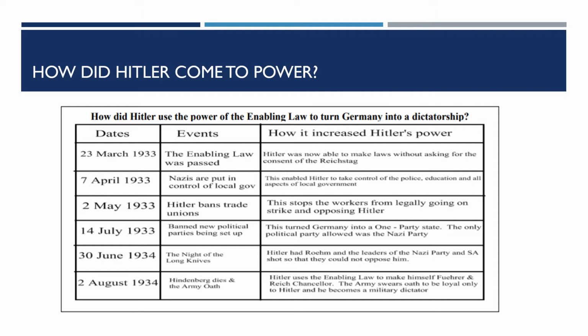And then when Hindenburg dies in August 1934, Hitler makes himself effectively the leader, the president, or as it was known then, the Führer, which means the leader of Germany, and the army swears an oath to be loyal only to Hitler, and he therefore becomes a dictator. He has control of the army and the people.